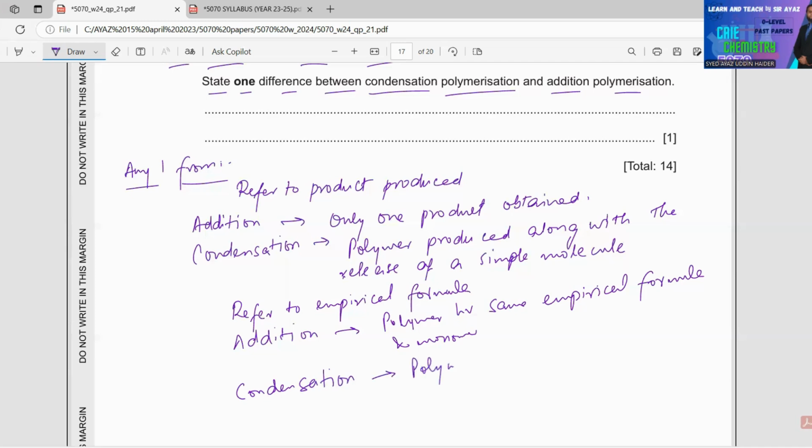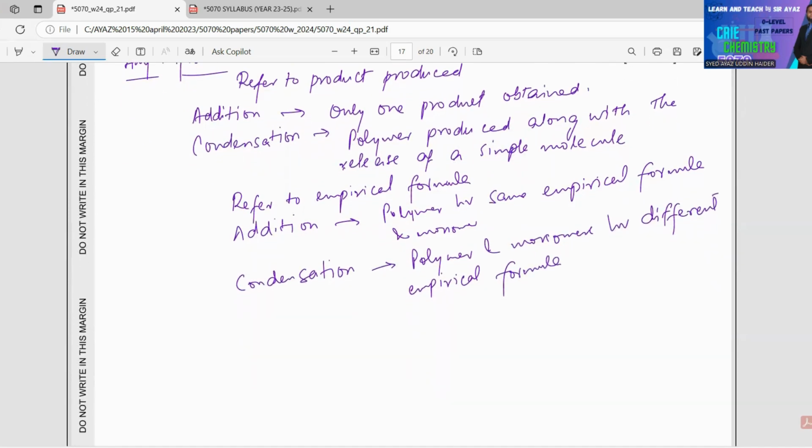In condensation, the polymer and monomers have different empirical formulas. You can even write that addition uses carbon-carbon double bonds.